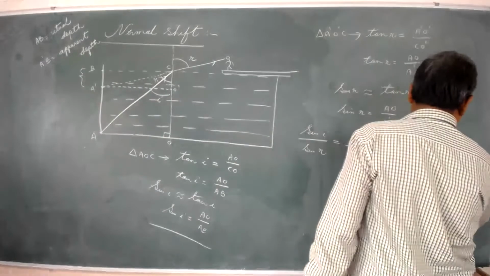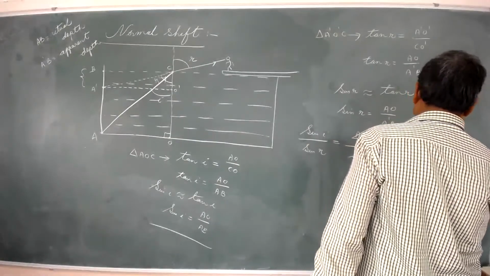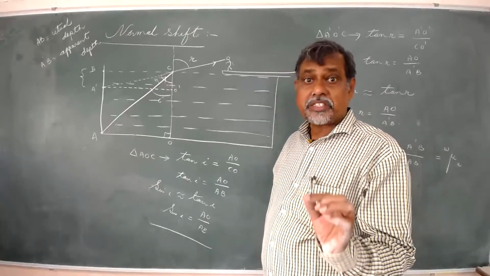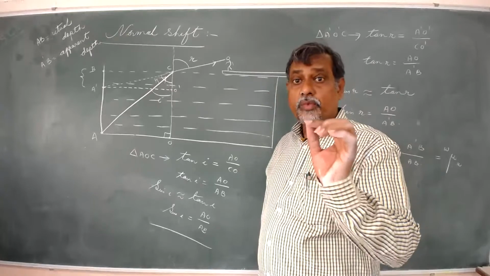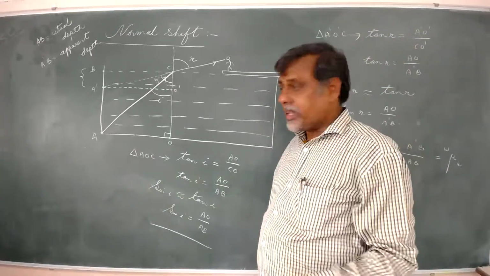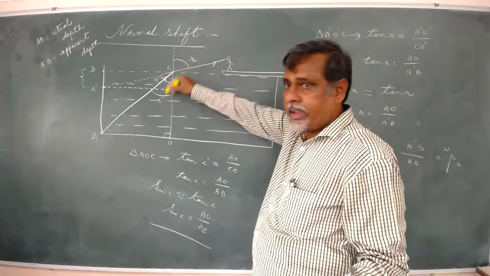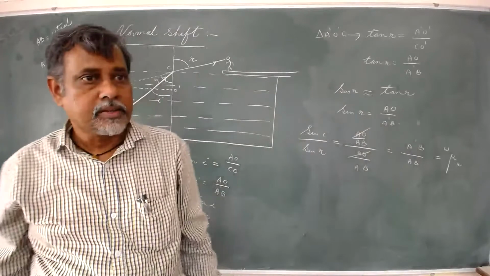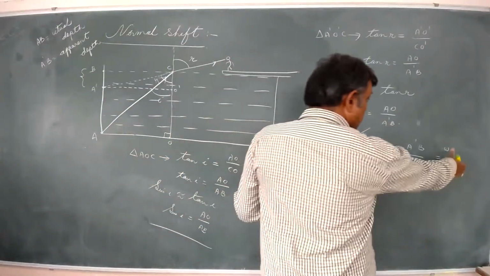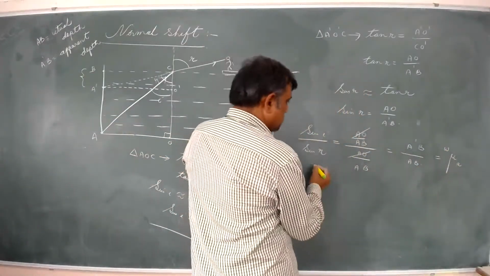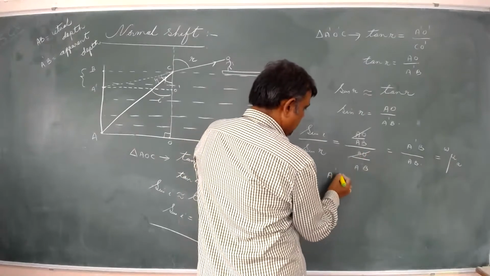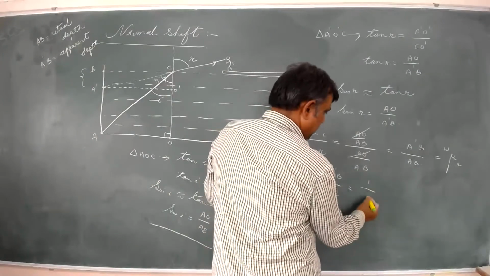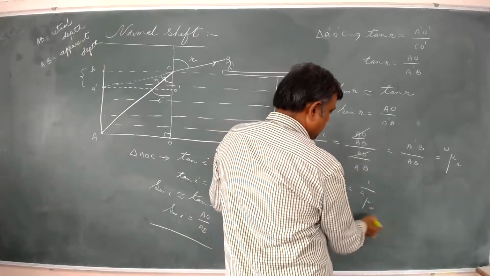Again, you forgot. For sin I by sin R, if you write the medium opposite to I, the medium opposite to I is air, so you get the refractive index of air. But by the reciprocal principle of reversibility, this A dash B by AB is equal to 1 by refractive index of water.